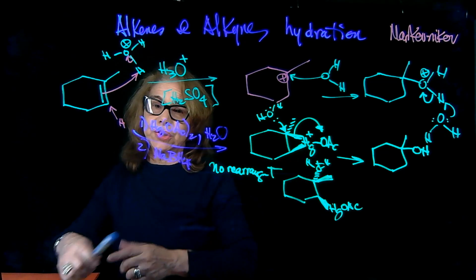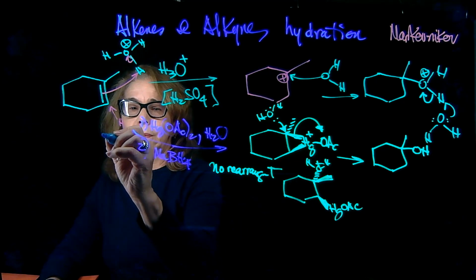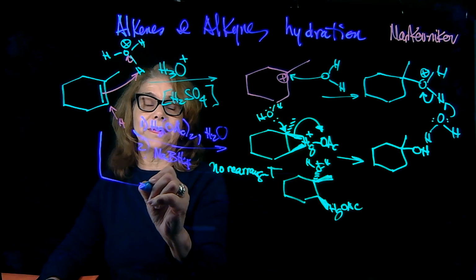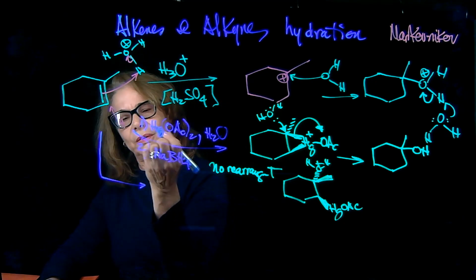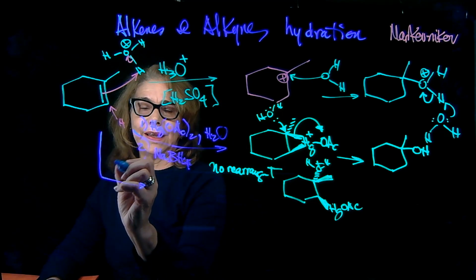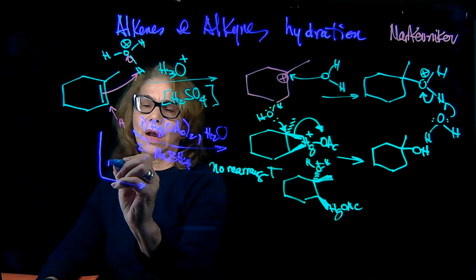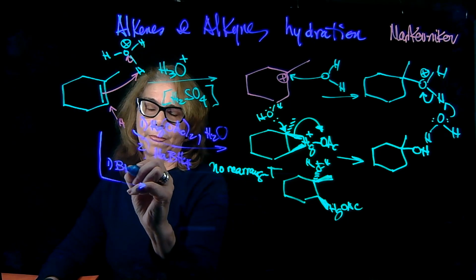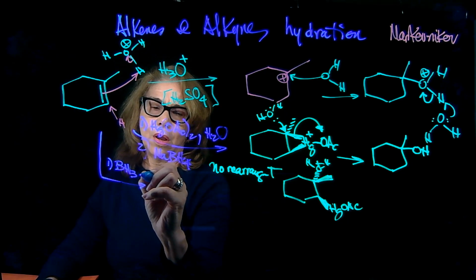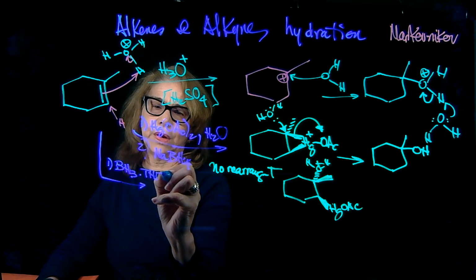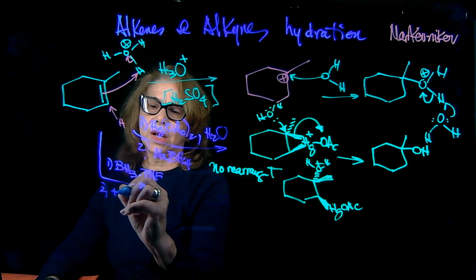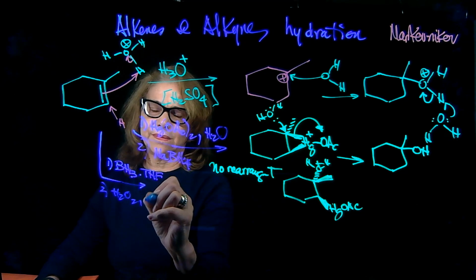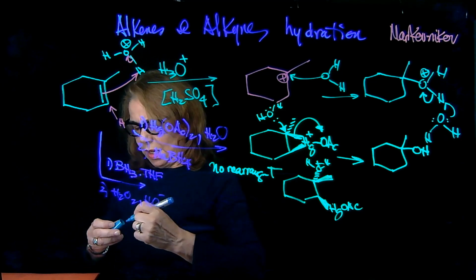The third condition that you want to be using is when you want to prepare the anti-Markovnikov alcohol. In that case, for hydration, you will use hydroboration, oxidation. So BH3 with THF, and second is oxidation, so hydrogen peroxide, and this is basic condition.